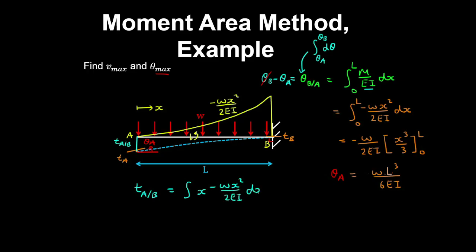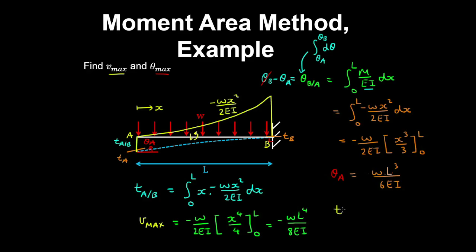And we integrate over x from x equals 0 to x equals L. So taking the constants outside the integral, we have minus w on 2EI. And then we're left with x cubed, which evaluates to x to the 4 on 4, evaluated from x equals 0 to L. And therefore we get minus wL to the 4 on 8EI. And this here is the maximum deflection for the cantilever.